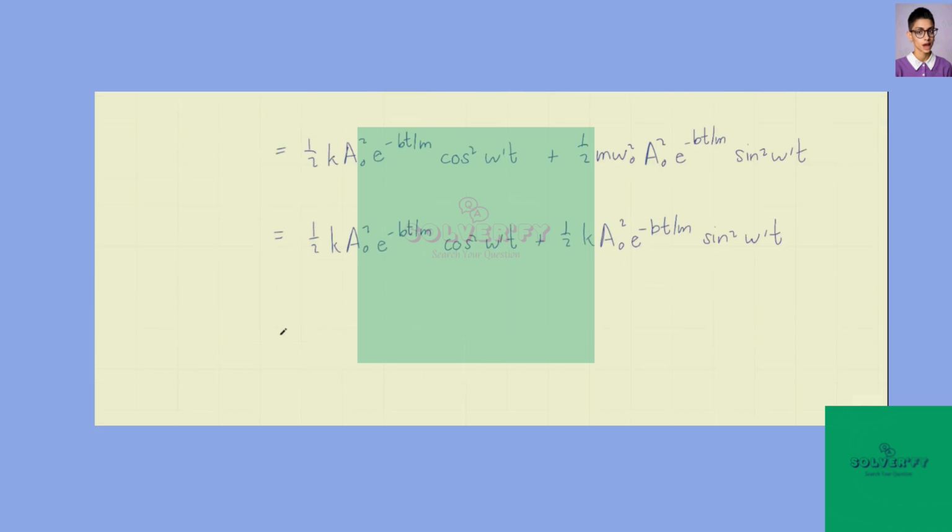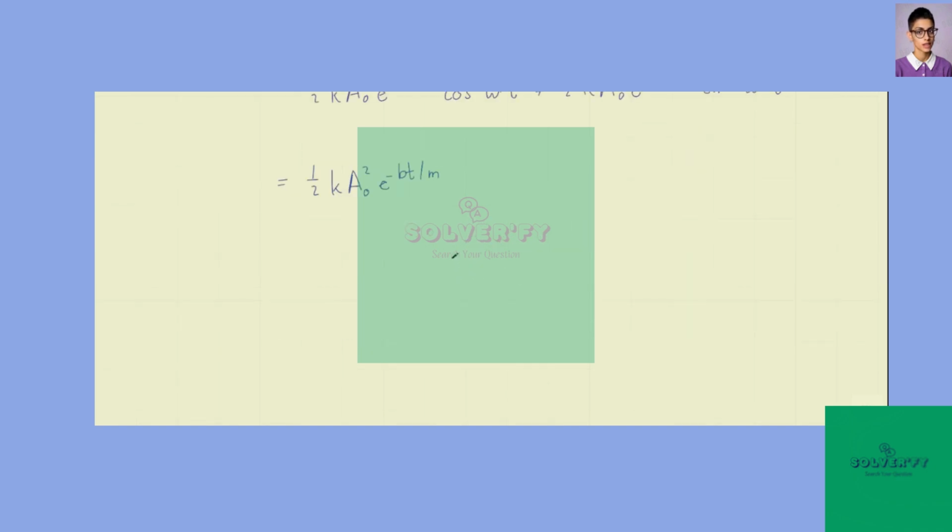And we can see that this simplifies quite significantly to a half k a naught squared e to the minus bt over m, since cosine squared theta plus sine squared theta should give us 1. And this is simply E naught e to the minus bt over m as required.